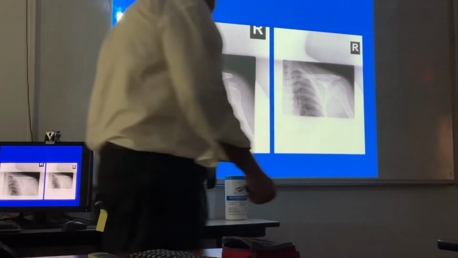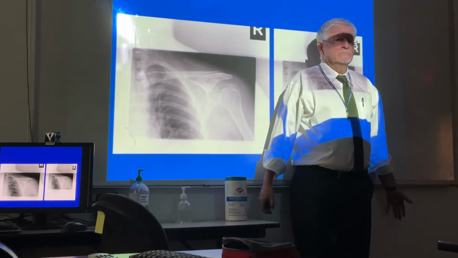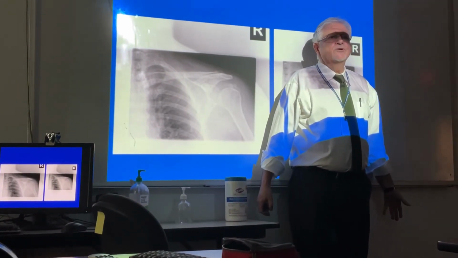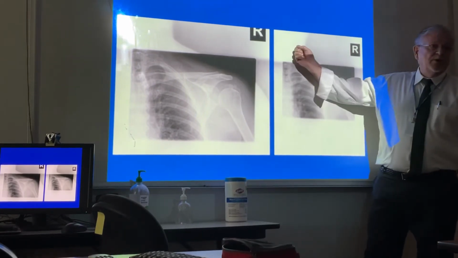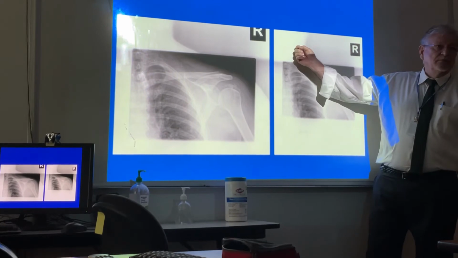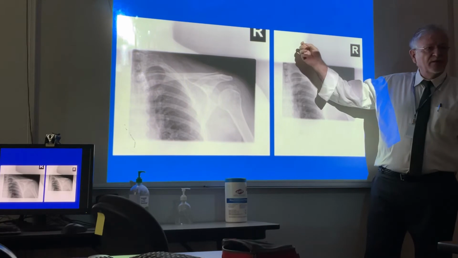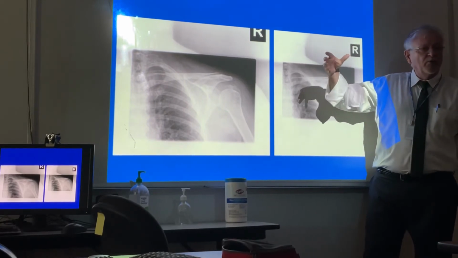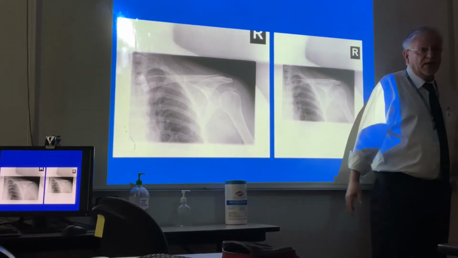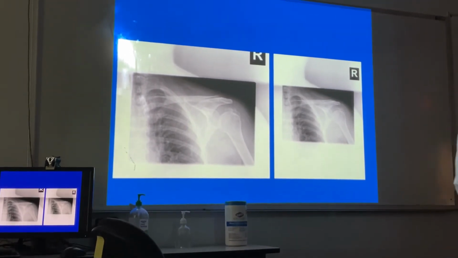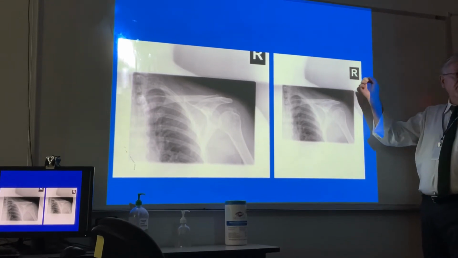Yes, you're absolutely right, we're assuming this was done in AP position. But if I don't know which marker's on there, right? Okay? So if you use the wrong marker and aren't following our accepted anatomic position, it could be messed up. So when I first looked at it, which shoulder, right or left, because you see the marker, you said right.